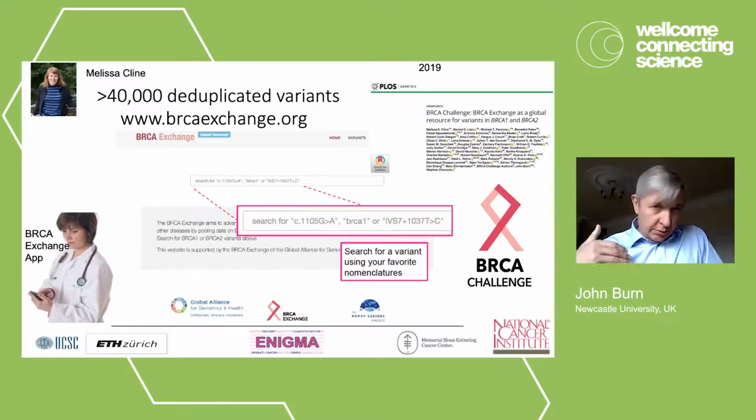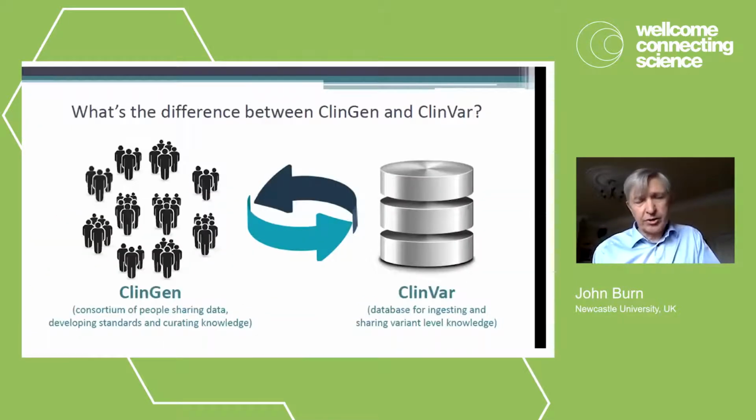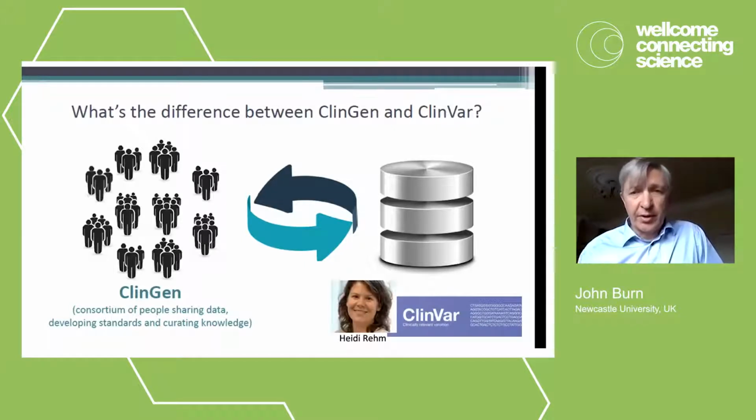The analysis of these variants is carried out by ENIGMA, which was an established international group led by Fergus Couch in the States and Amanda Spurdle in Australia. And that group continues to prosper and will hopefully soon be recognized into the ClinGen VCEP system. So ClinGen, of course, set up by NIH alongside ClinVar, and ClinVar, led by Heidi Rehm, has really done very well in pulling in data from, especially, the American laboratories.